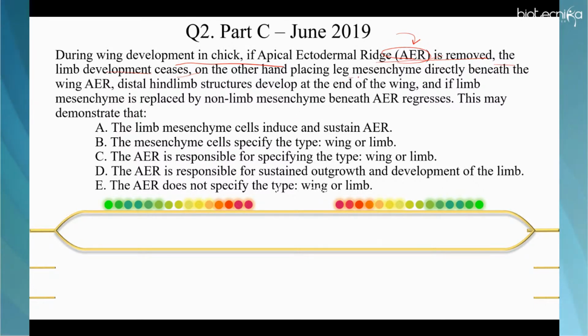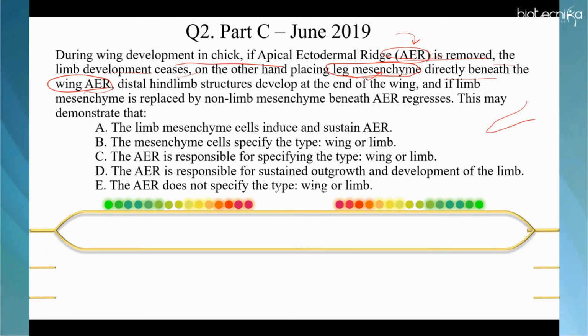On the other hand, if you place a leg mesenchyme directly beneath the wing AER, instead of removing it, you place the mesenchyme. Mesenchymes are loose cells which are not connected in a layer, though they can form any kind of structure. So ideally, they accumulate under the limb bud and they differentiate into the muscle cells, cartilage cells to extend the limb as it comes out of the body.